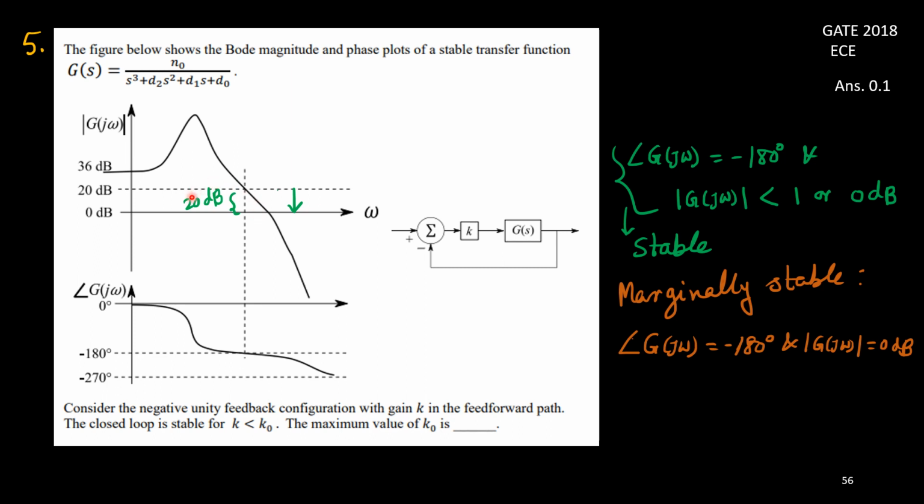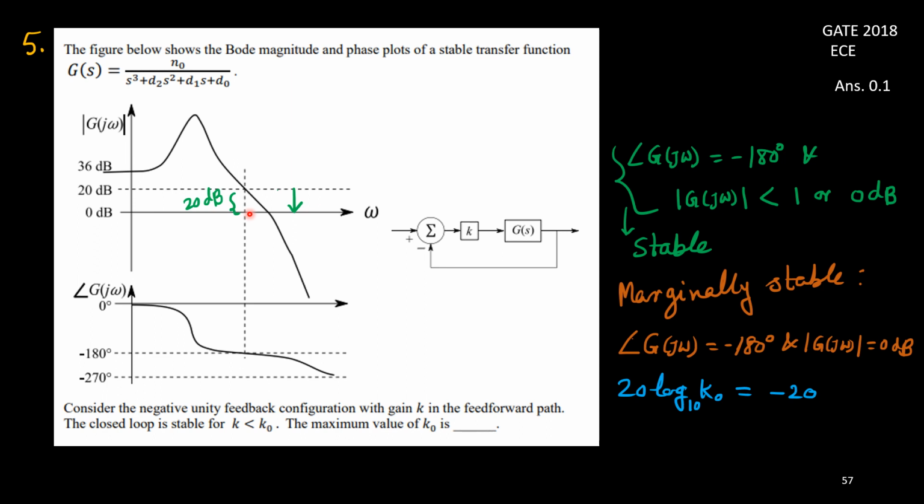That should be 20 dB, but negative; it should reduce. In other words, 20 log k naught should be minus 20. Be careful here, it is reduced. So we need to choose k naught in such a way that 20 log k naught provides minus 20. Then minus 20 added to plus 20 will become 0 dB.